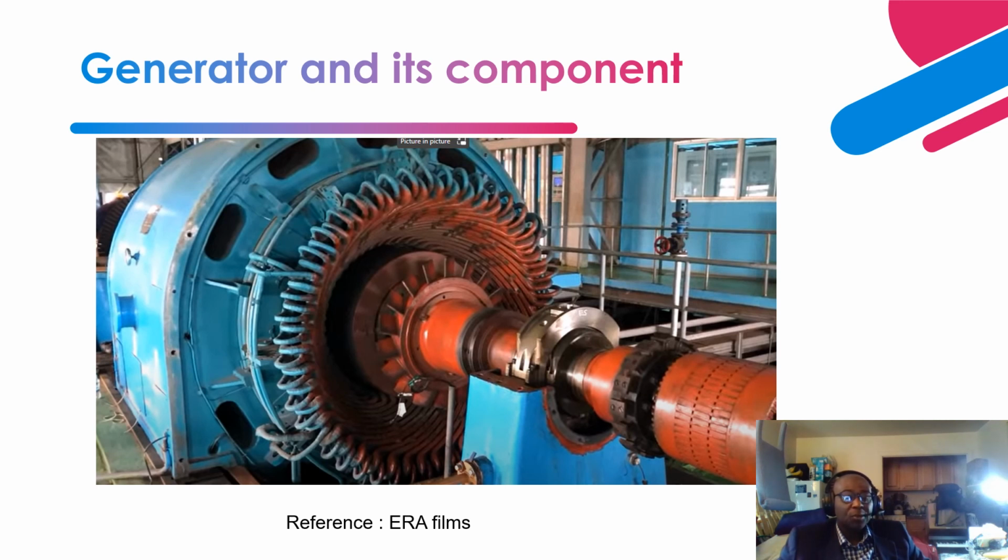Basically, the rotor carries the magnetic field, and the magnetic field is what induces voltage into the stator. On this rotor, it's the extension part. This is a small-sized generator on its own that helps to generate the DC voltage that is fed to this rotor.